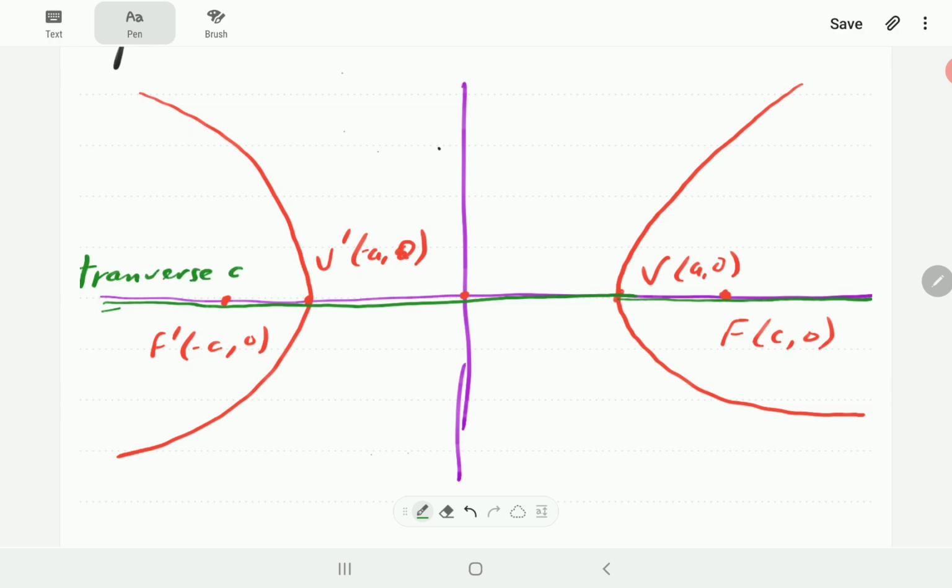And then there's going to be an axis through the center perpendicular to the transverse axis. The length from here to there is going to be b, just like in the case of the ellipse. This one is called the conjugate axis. It was the minor axis for the ellipse.